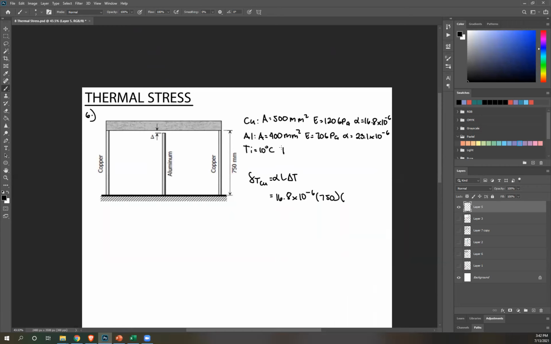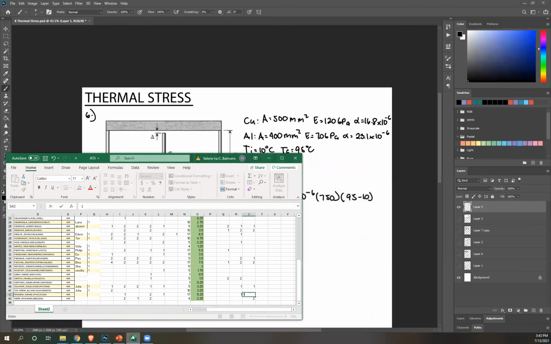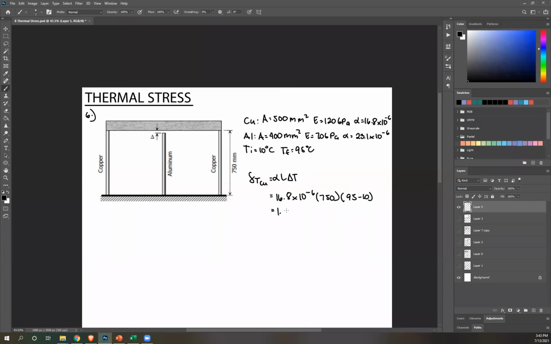Initial 10, final 95. So 95 minus 10. Please solve. What's the answer? Correct. Pauline and Trinity. So 1.071 to be exact.